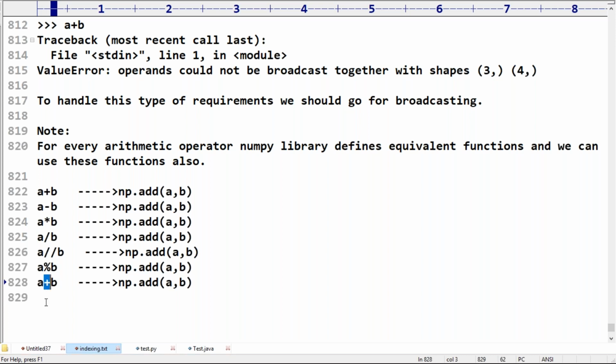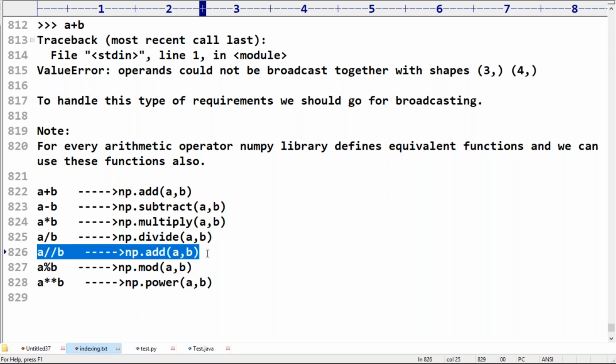The second method is subtract, for subtraction. Next multiply, next divide, then floor division, let me check that. Mod is there. Next, the power operator is there.